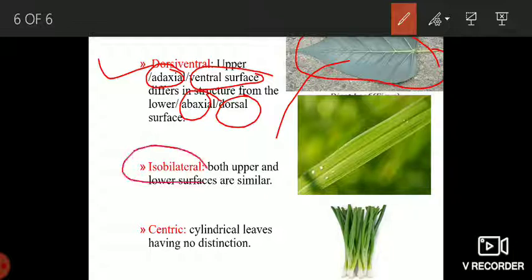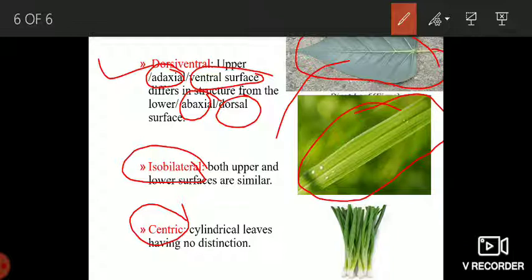Then we have another type of leaf which is known as isobilateral leaf. Both the upper and lower surfaces are similar. If you do not find any apparent differences in the upper and lower surfaces of a leaf, that type of leaf is known as isobilateral, and isobilateral leaves are present in case of monocots, okay. And then we have another type of leaf which is known as centric leaf.